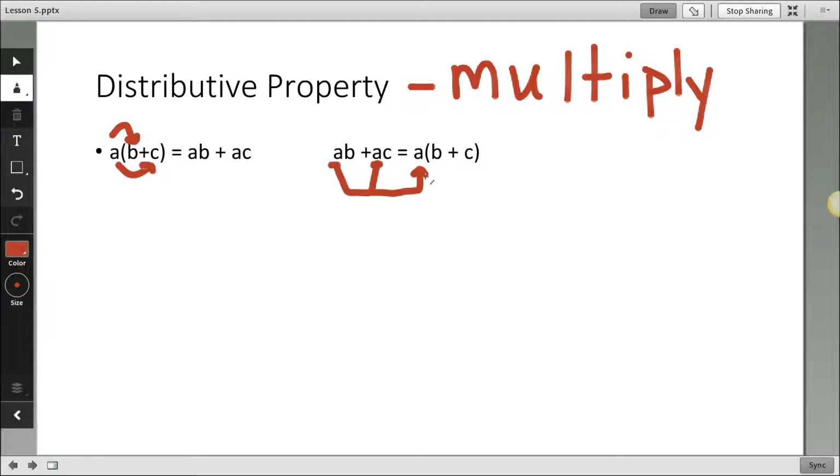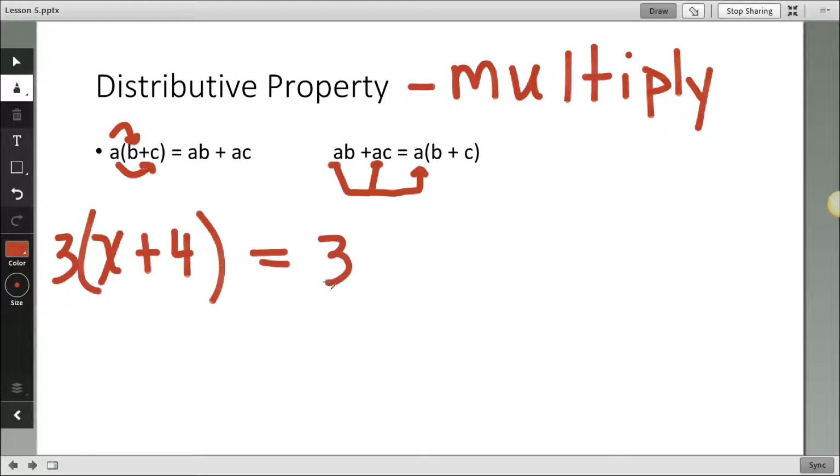Well, it could look like this. So that's distributive property. Or it could look like this.